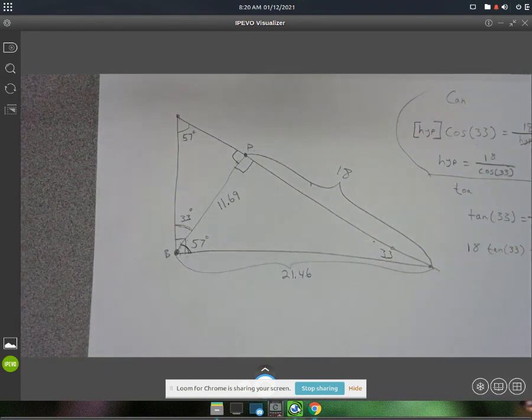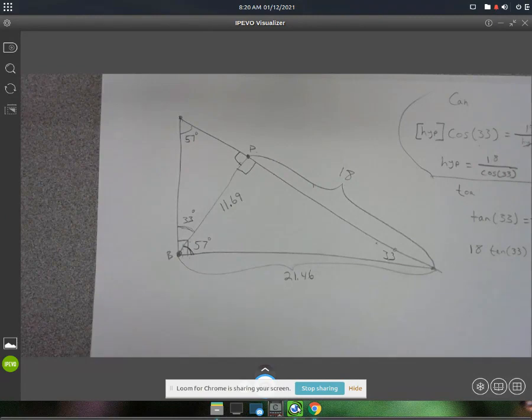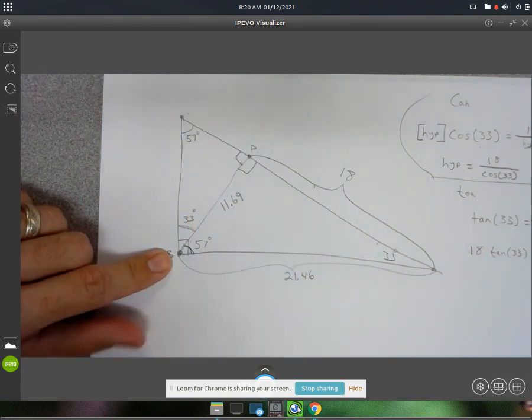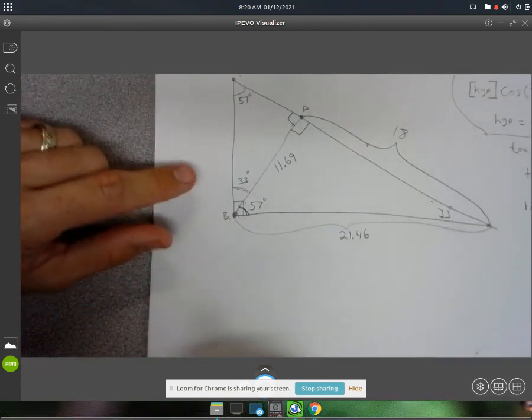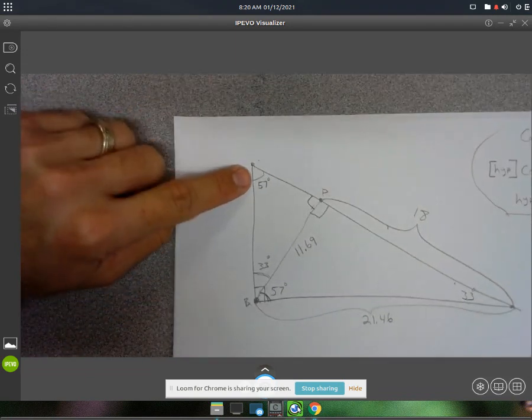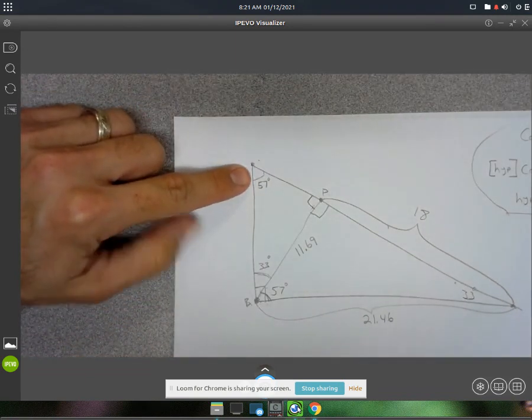Now I'm going to have to switch triangles and look at my smallest triangle. I only know one side right now of my smallest triangle. I think I'm going to use this 57, which I haven't used yet.